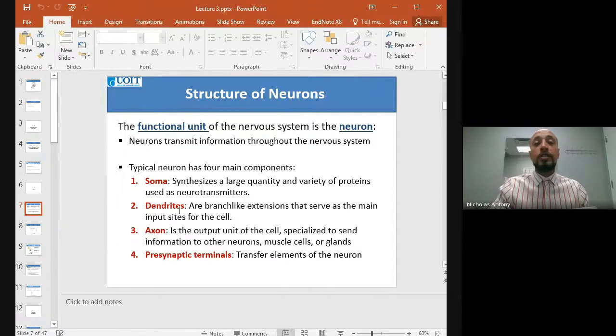And then the dendrites act as the receiving site for the neuron. They have ligand or neurotransmitter binding receptors, and that will create local potentials that add up or summate. I don't know if you remember from the lectures, but they summate, and if there's enough of a potential, it will generate an action potential.